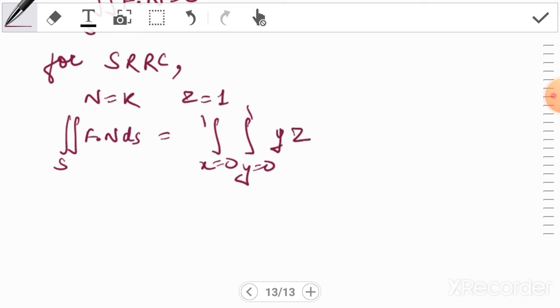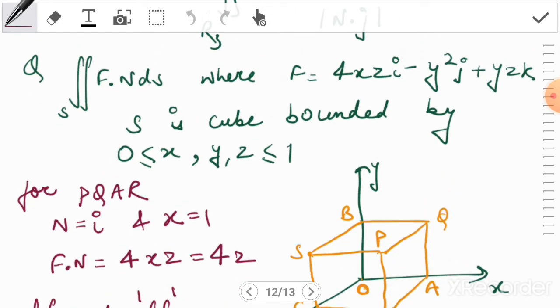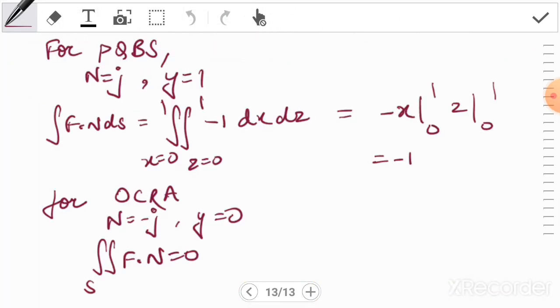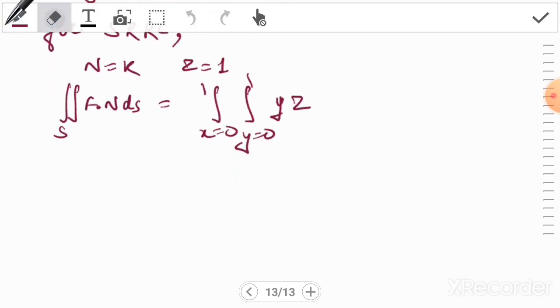So yz, since z is constant, we have just y. So y dx dy.